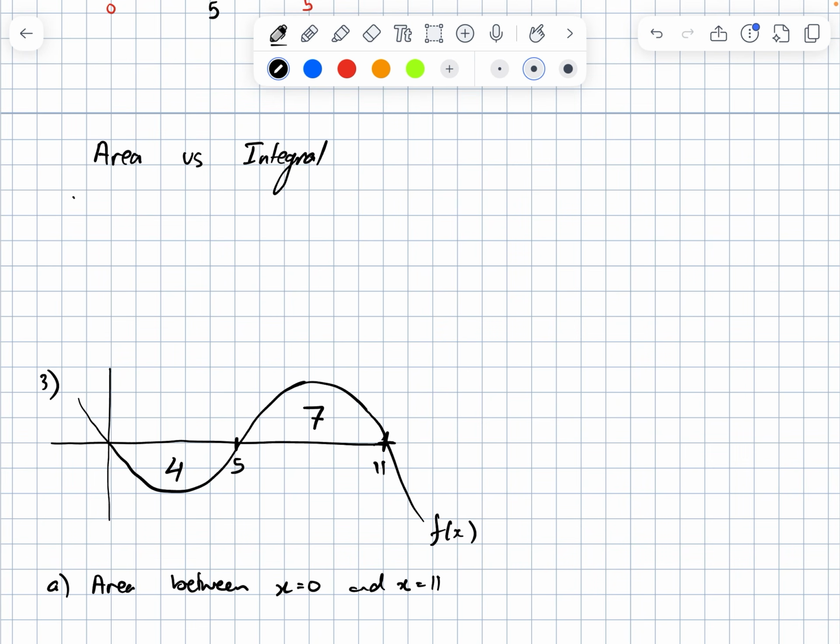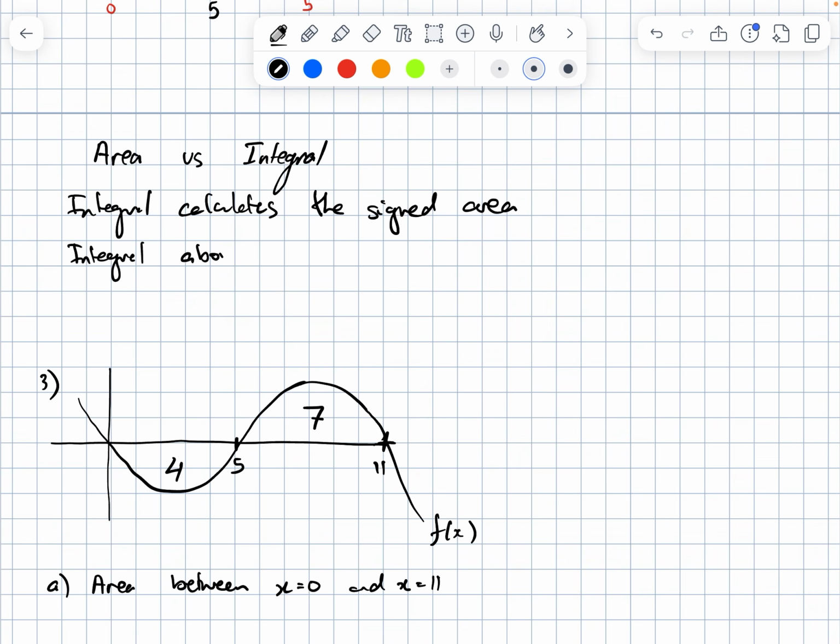The main difference between an area and an integral is that the integral calculates the signed area. What that means is that any area underneath the x-axis will be negative, and any area above the x-axis will be positive.